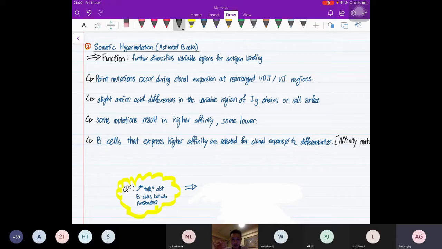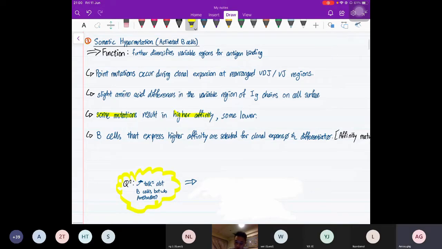So the bonds formed change, and the conformation after the different bonds are formed changes. Link back to proteins, your 4 interactions. Now the conformation of your antigen binding site has changed. Therefore, some mutations result in your antibodies having a higher affinity, and some result in lower affinity to your antigens.